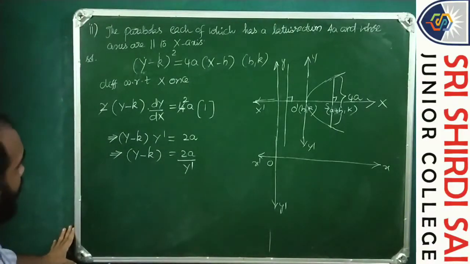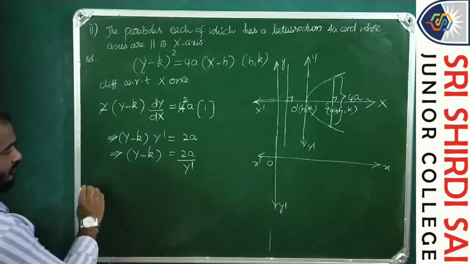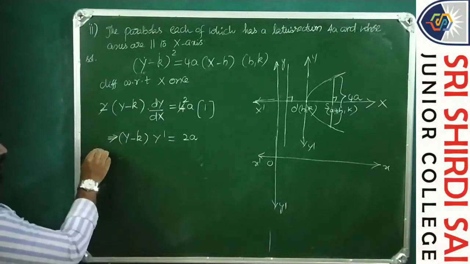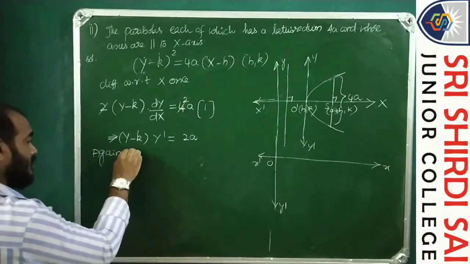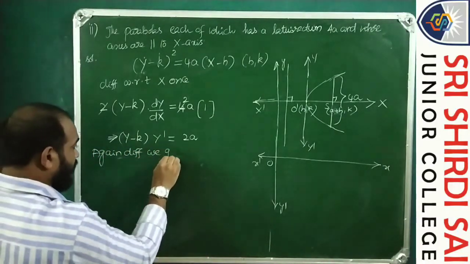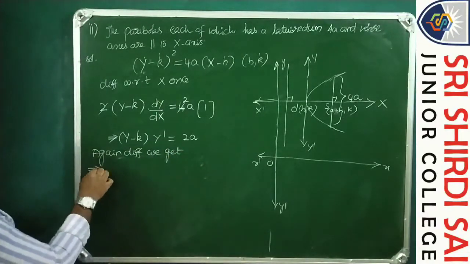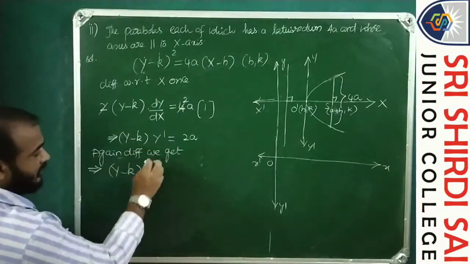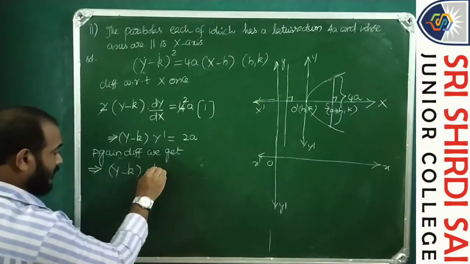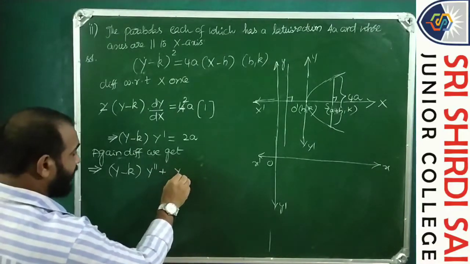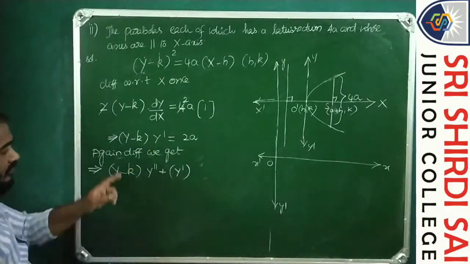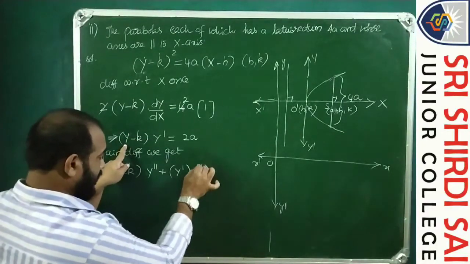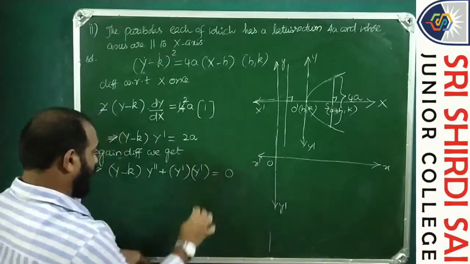So now again differentiating, otherwise you keep the same here. Now again differentiating, we get y minus k into y double dash plus y dash into the derivative of y minus k, which is y dash, equals 2a, whose derivative is 0.